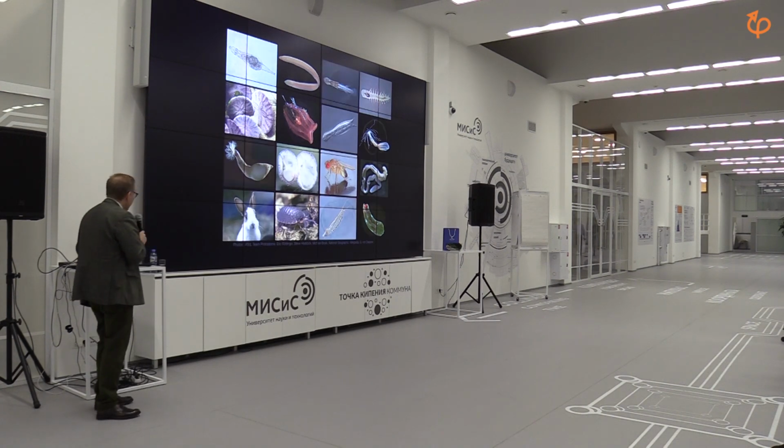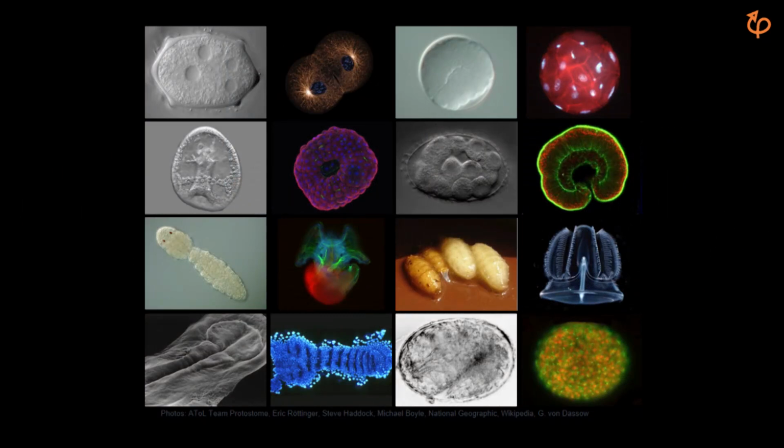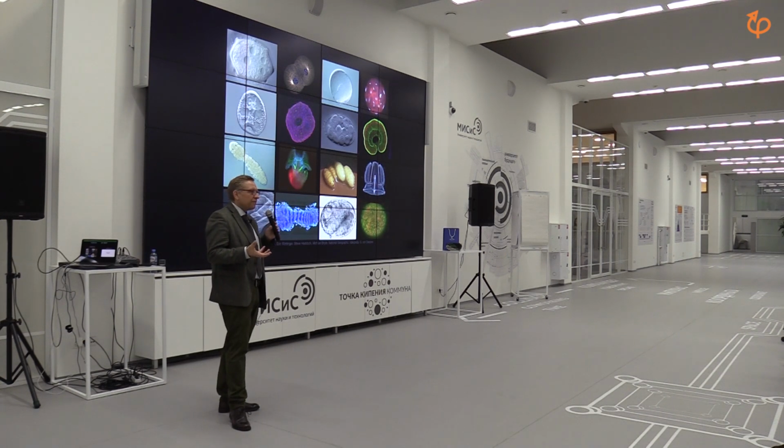They are sorted according to the phases through which the development comes. So here, for example, the first row, the upper row, is the stage called cleavage, where the fertilized zygote starts making the first division, right?